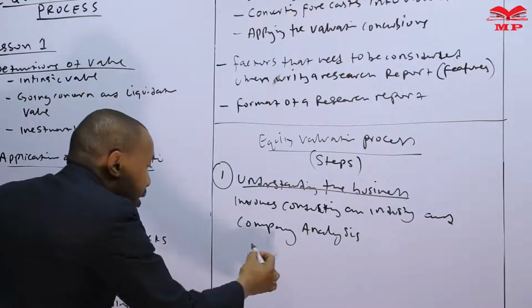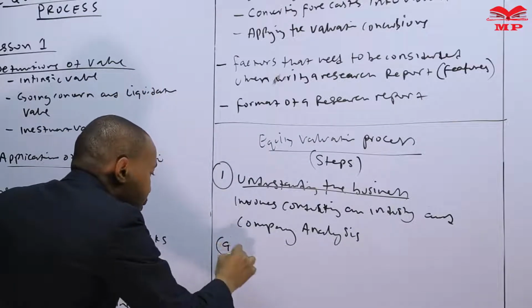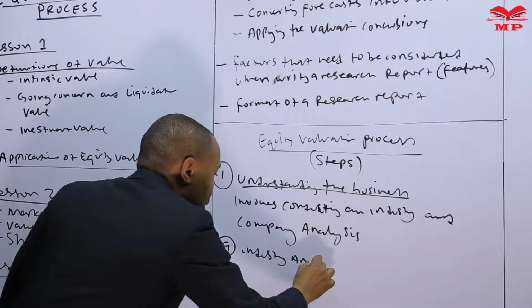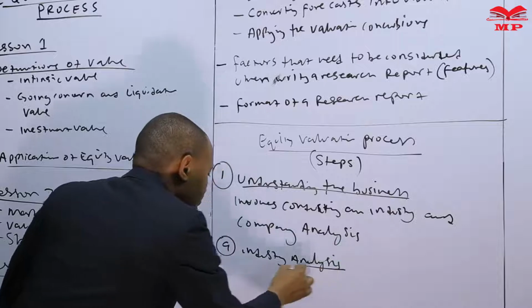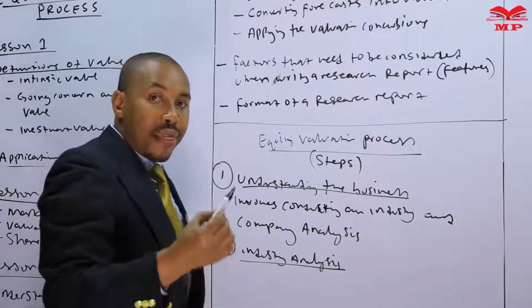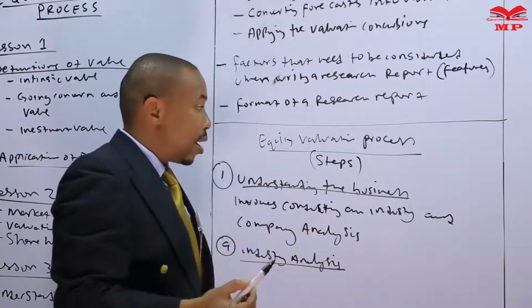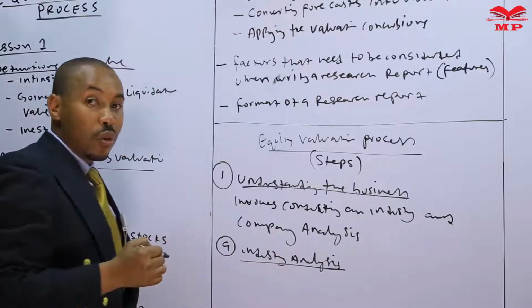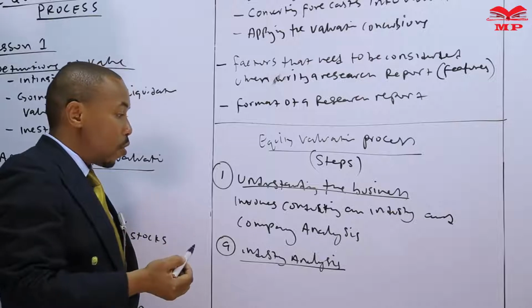What is involved in industry analysis? So A, industry analysis. You need to perform a thorough analysis of the industry within which the company you are conducting the valuation on operates.